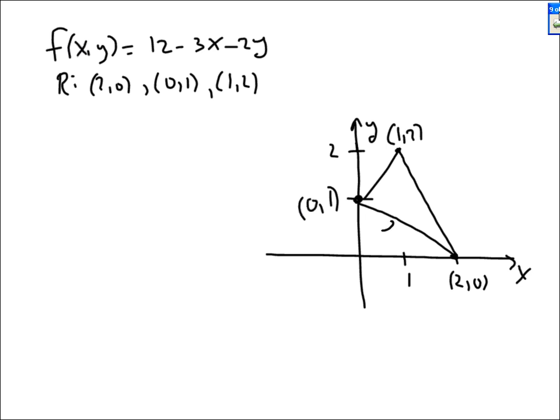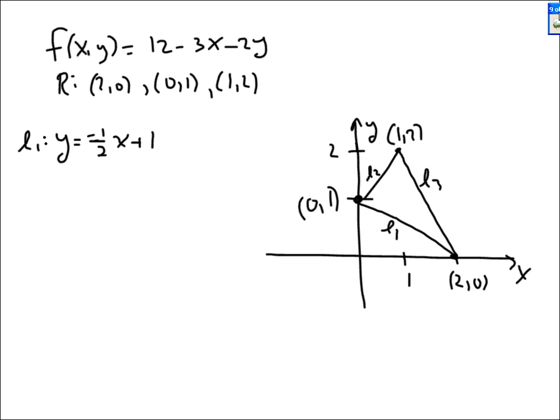Let me call this line 1, and this line 2, and this line 3. Now I can look at two points on a line and just rattle off the equation. The equation of line 1 is going to be negative a half x plus 1.